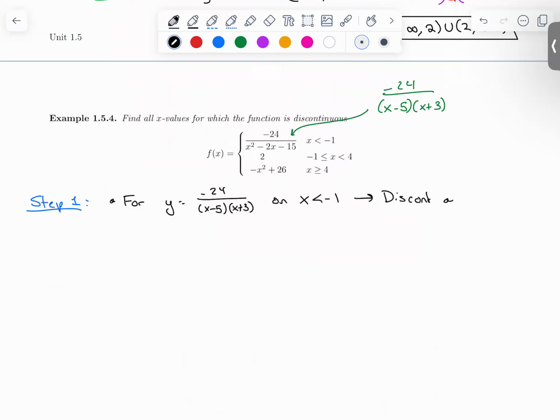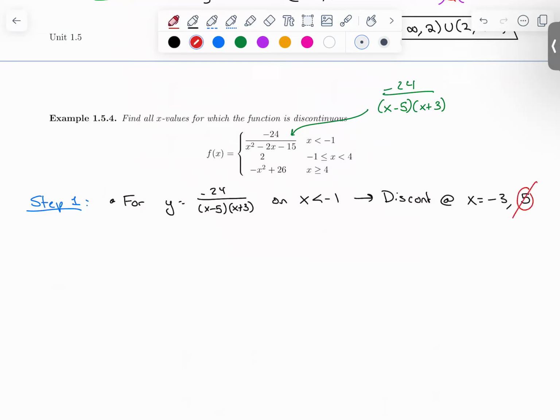Discontinuous at x equals, take a second. I'm saying for the original function, for f, what discontinuities do I have? -3 and +5, but one of these can be removed. The 5.